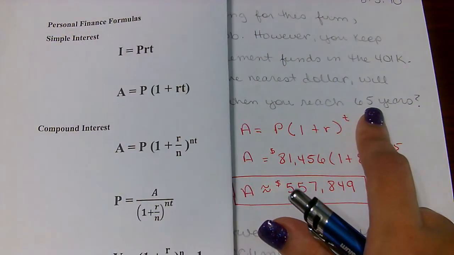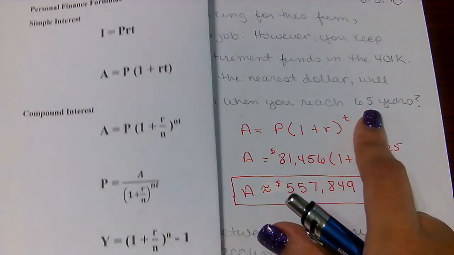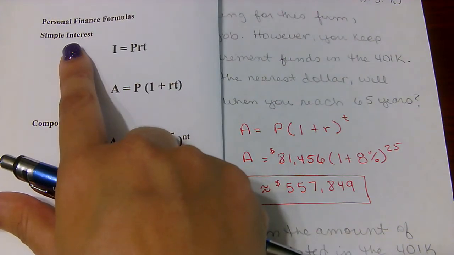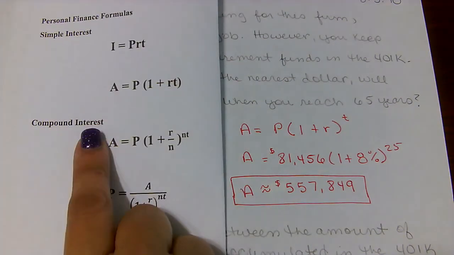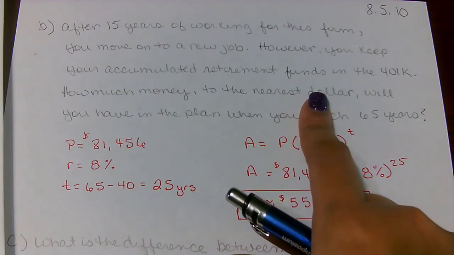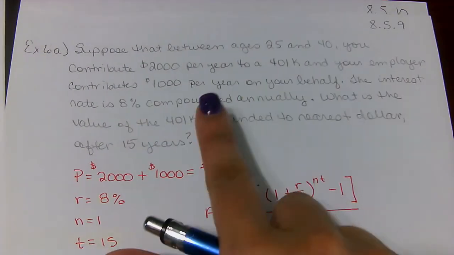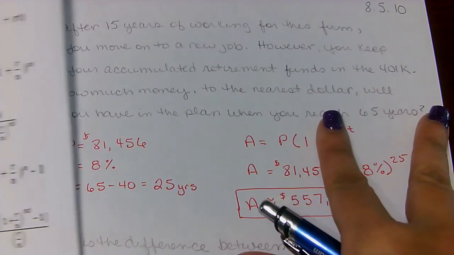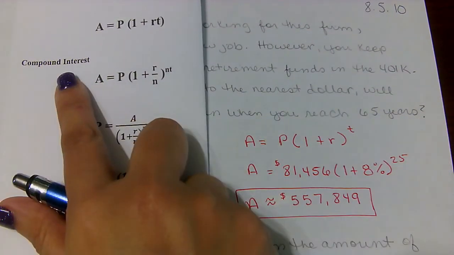If you go back to your equations, we need to determine which one we're going to be using. Simple interest is a one-time payment that is not compounded. Compound interest is compounded. Since we're leaving it in the account that we had previously, we know that account was compounded annually. So I'm going to be using the compound interest.